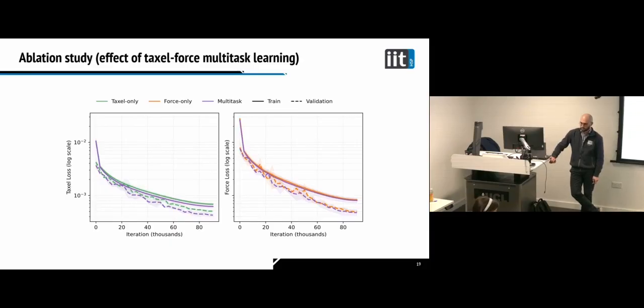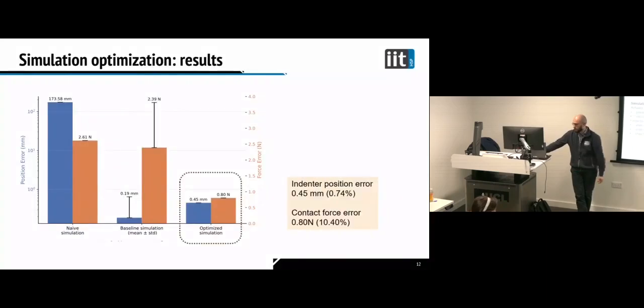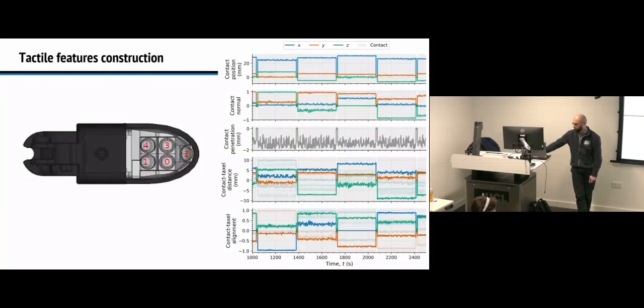The output of that model is the tactile readings and the forces, and the input to the model would be some tactile features that we construct, which are these. Okay, so you have the contact position.